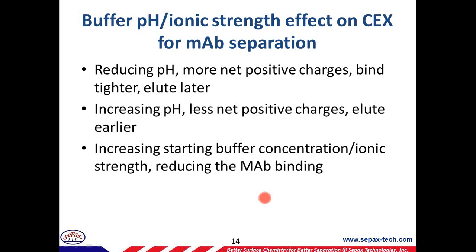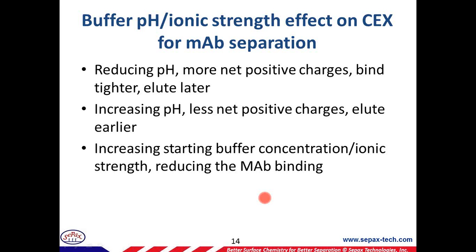Below the pI, reducing the pH gives you more net positive charge, so the mAb will bind to the column tighter and, under the same program, elute later. Increasing the pH gives you less net positive charge, so the mAb will elute earlier. Also, the buffer A concentration has an impact on the separation.